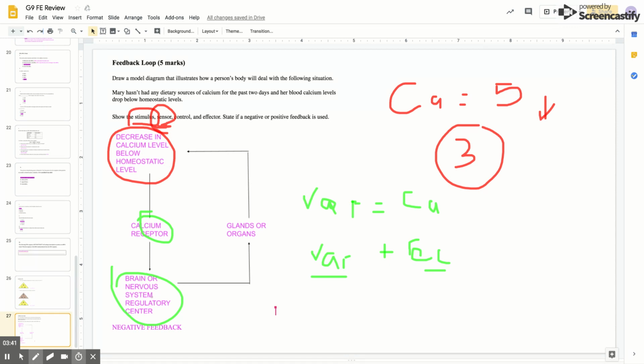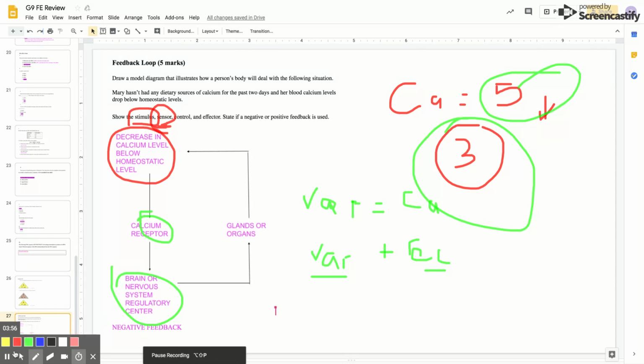So the brain receives the information that, look, calcium should be 5, but this person is not getting enough food or enough calcium intake, and therefore calcium has fallen down to 3. So because that has happened, the body is going to say, okay, we need to do something to fix this problem.